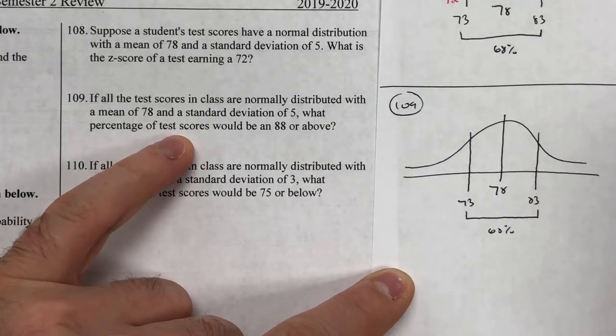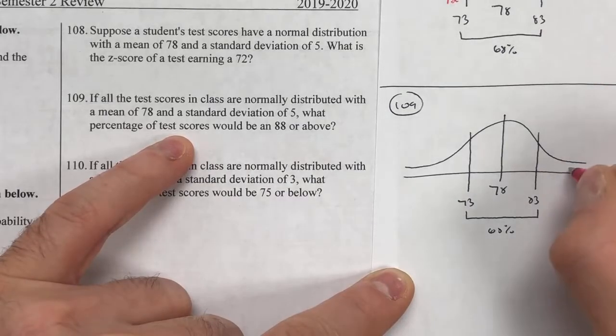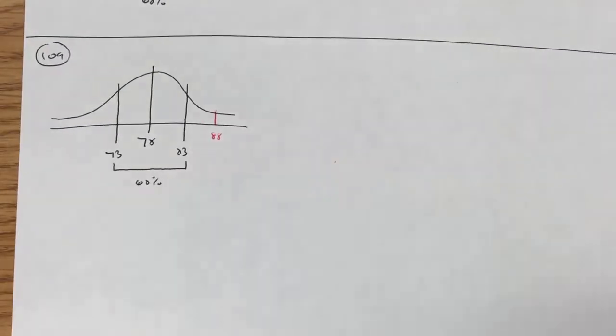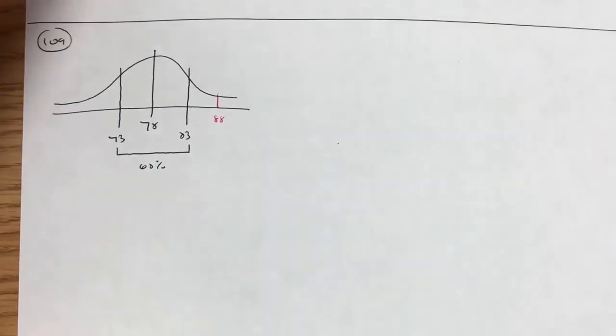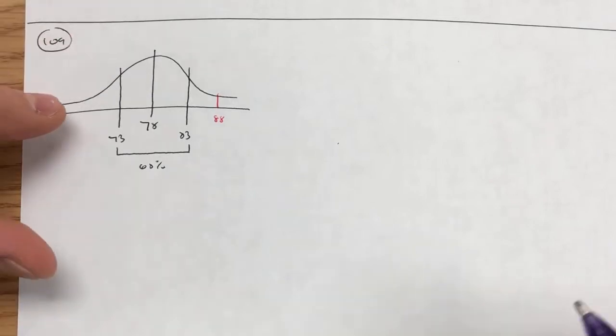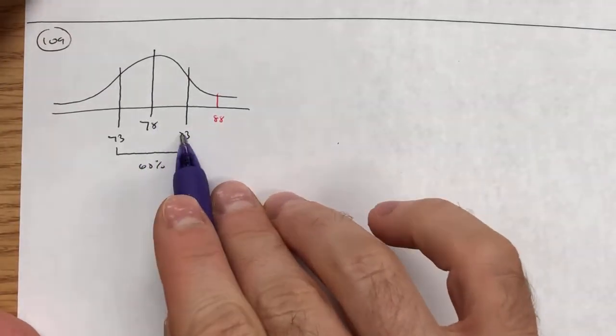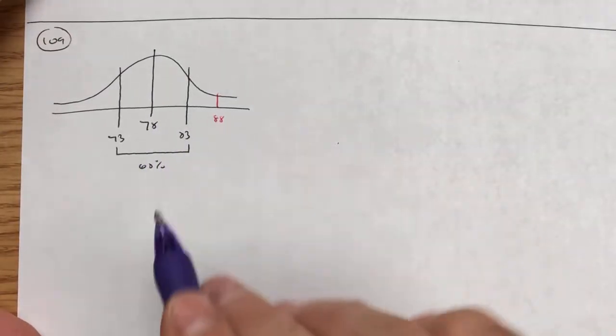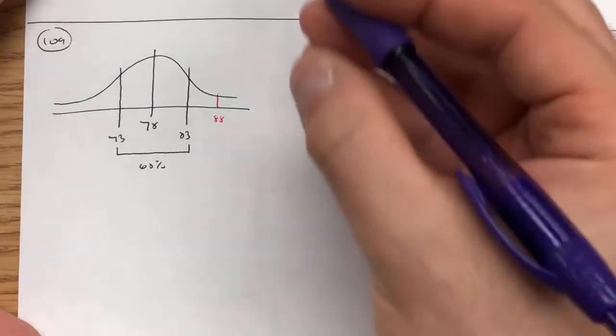What percentage of test scores would be at an 88 or above? I'm looking right here at an 88. Conveniently, this has been chosen to represent the next deviation. If it's plus 5, this is exactly 2 deviations over.